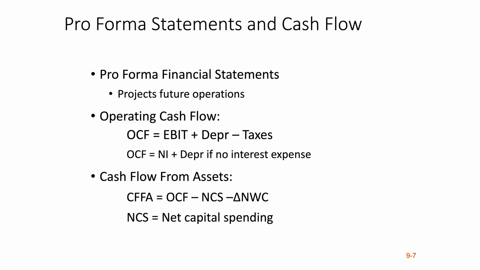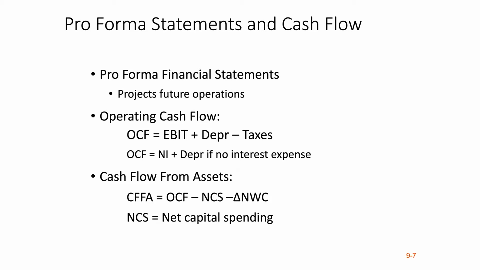By definition, the operating cash flow, OCF, is equal to earnings before interest and tax, EBIT, plus depreciation, since depreciation is a non-cash expenditure, you add it back, then minus the tax you pay. This is usually the formula people use.